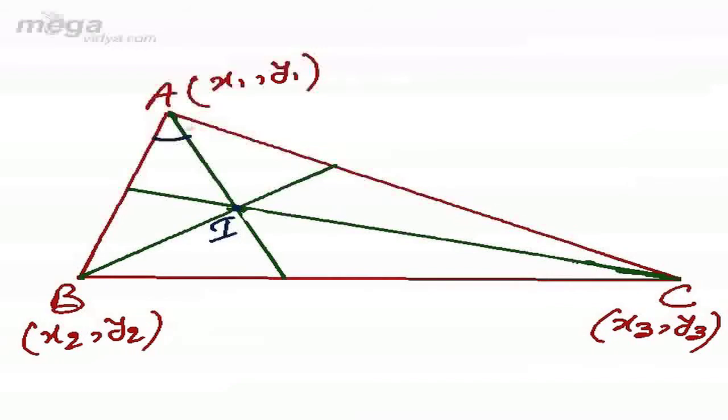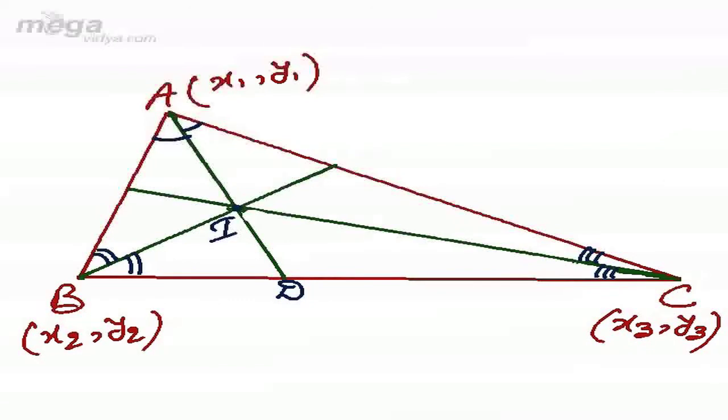So this angle is equal to this angle, and this angle is equal to this one. Take AD as the bisector of angle A. Now you have to find the coordinate of I, that is the incenter.